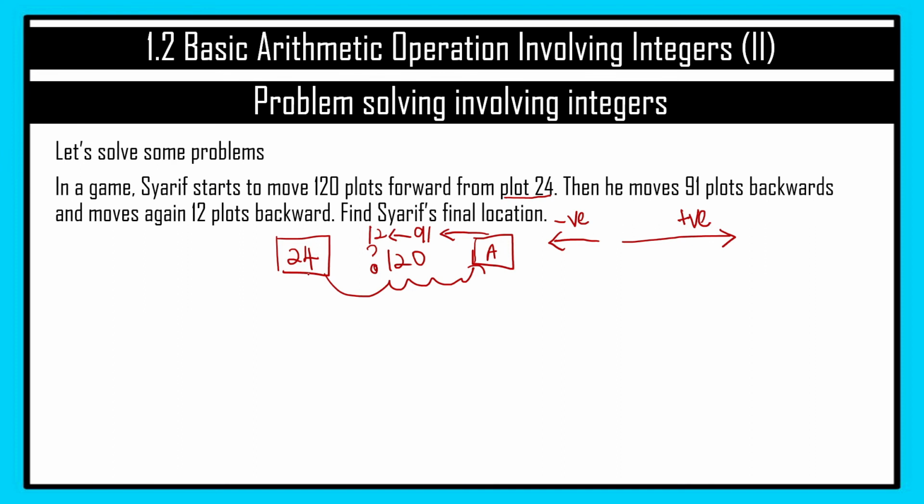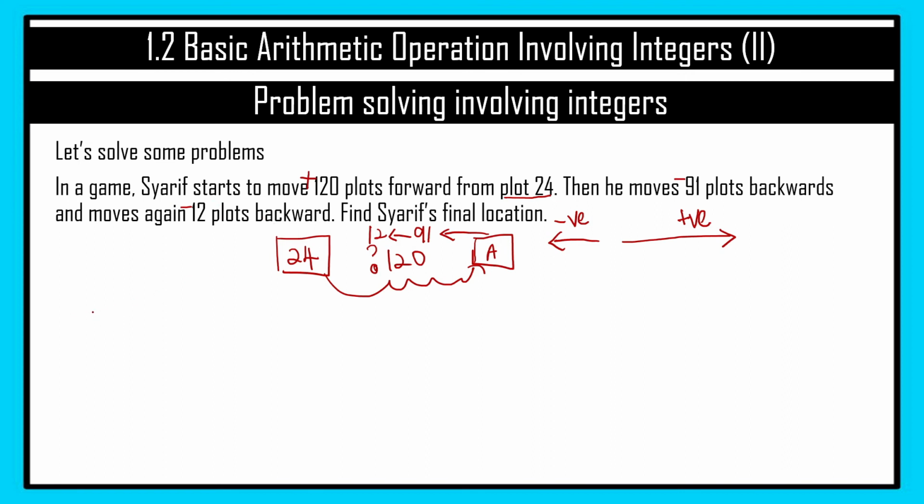We're not going to really use that one. Move forward 120, so 120 will be a positive number. Then he moves 91 plots backward, so backward is a negative number. And then 12 is also a negative number, which is backward.